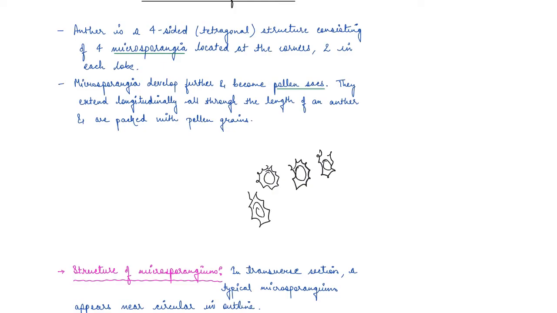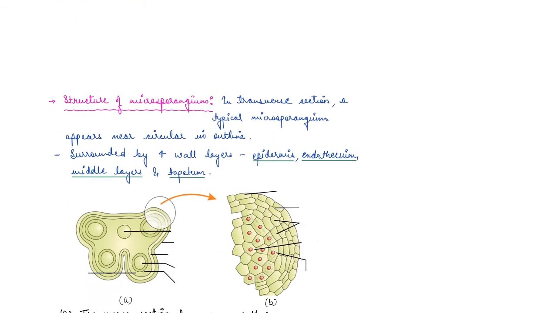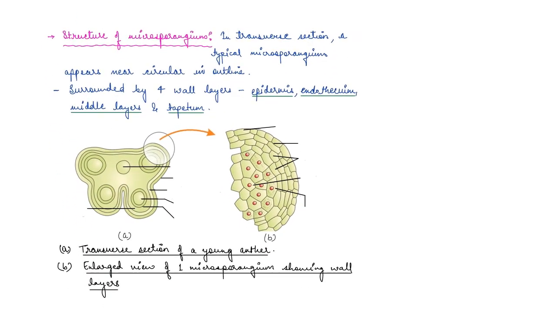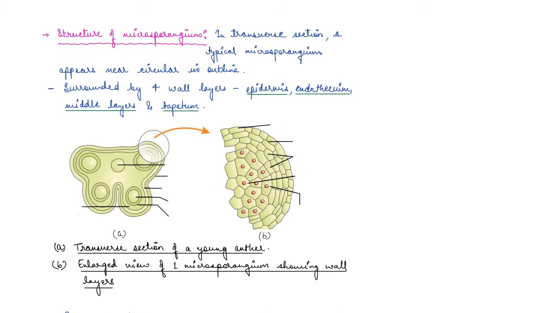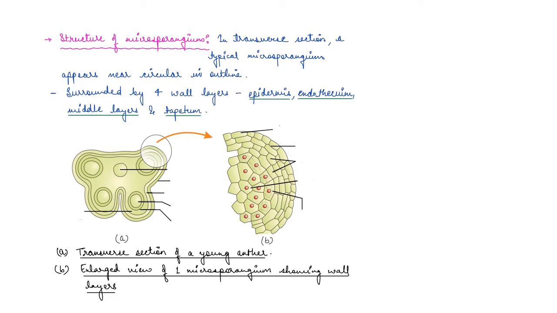Okay, now what exactly is the structure of the microsporangium? So let's see that as well, right? So basically, if we see a transverse section of a microsporangium, what you'll see is that it is surrounded by four walls, okay, and these walls are nothing but epidermis.